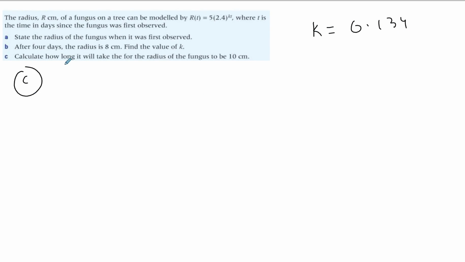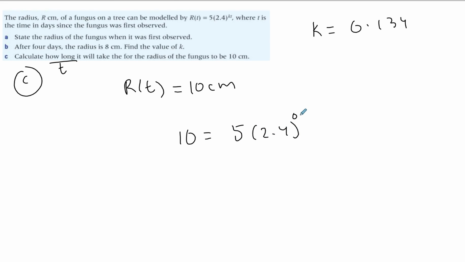For part C, we need to know how long, so we're missing t. It would take for the radius of the fungus to be 10 centimeters. So we want to know when will this be 10 centimeters. So we have 10 equals 5 times 2.4 to the power of 0.134 times t. And again, we're missing a power, so we're going to apply the same thing.